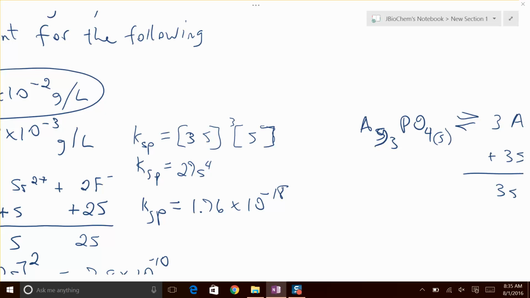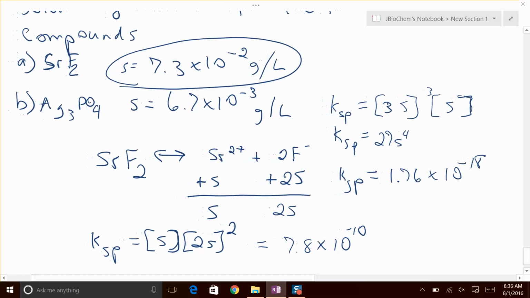Because remember, it's 3 data, and you're going to have 3 on the front, and you're also going to use it as a power. Okay, good point. Make sure you're converting that from grams to moles. The molar solubility, s, is molar solubility. Yes, negative 18.